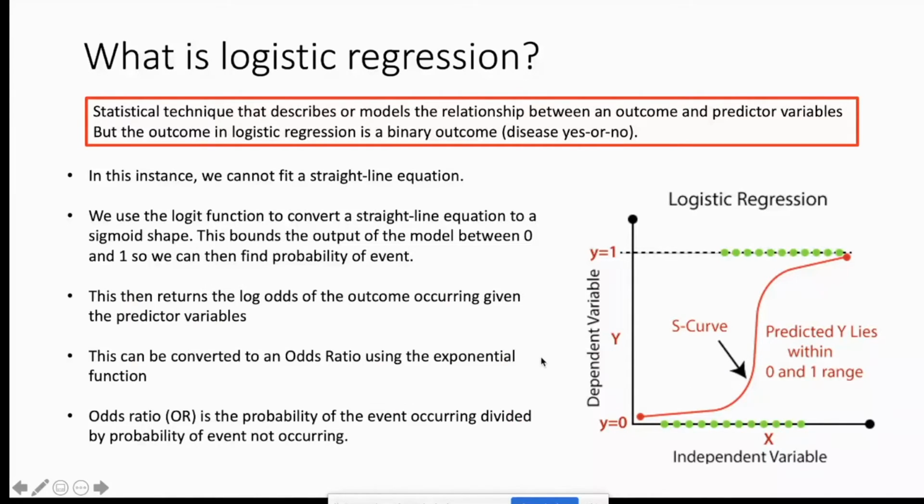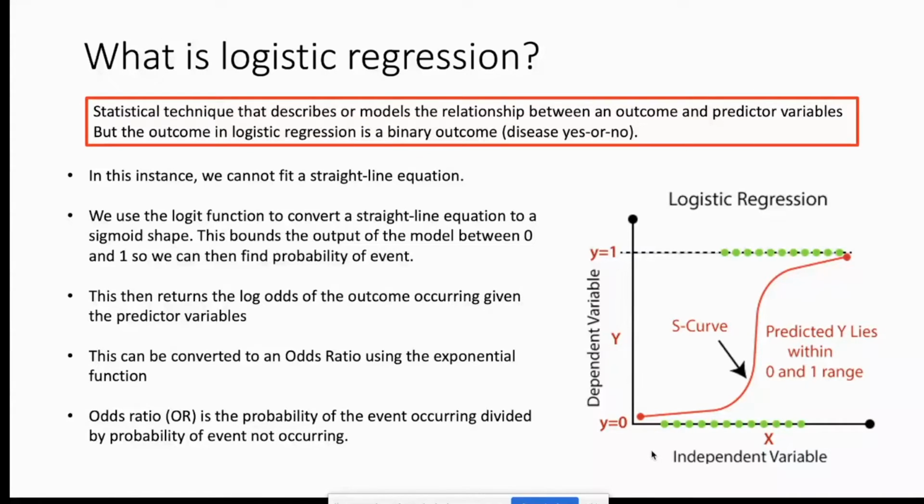And the outcome here from logistic regression is the log odds. Okay, and that's to do with the equation that we use as the sigmoid function. It gives you the log odds ratio of the outcome given the independent variables. And the odds ratio is simply the probability of the event divided by the probability of the event not occurring.